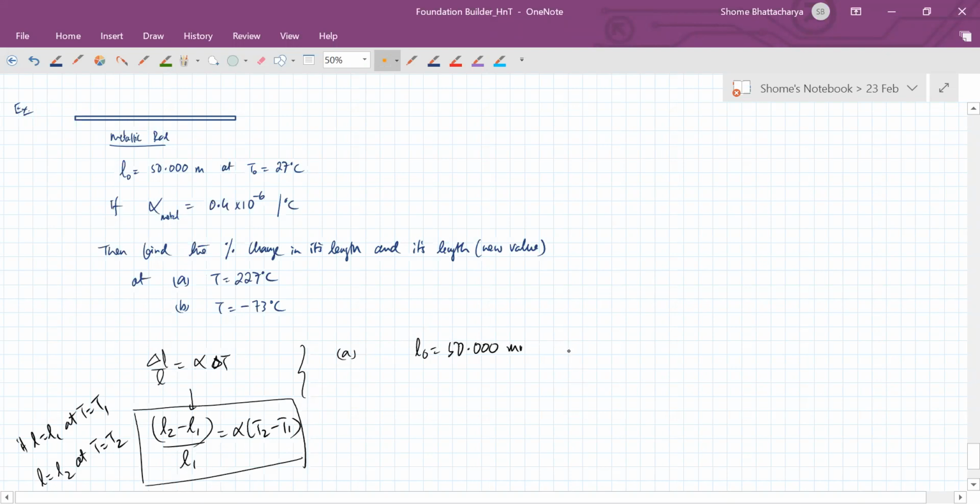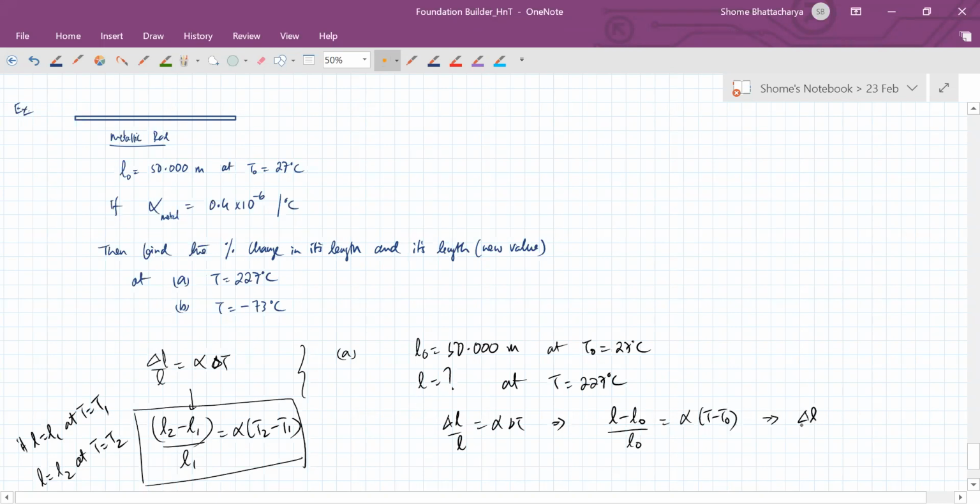Okay? So L naught is equal to 50.000 meters at T naught is equal to 27 degrees C. Now let's say L we have to find out at a new temperature of 227 degrees C. So delta L by L is equal to alpha delta T. We can interpret this like this: L minus L naught upon L naught is equal to alpha into T minus T naught.